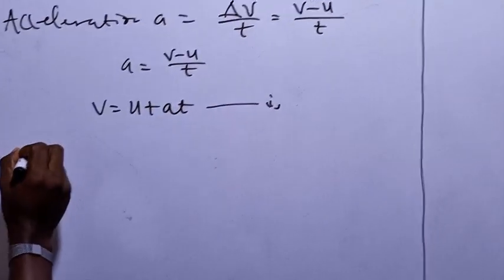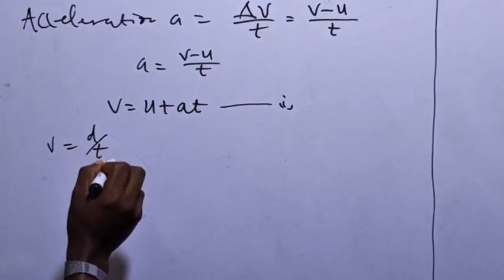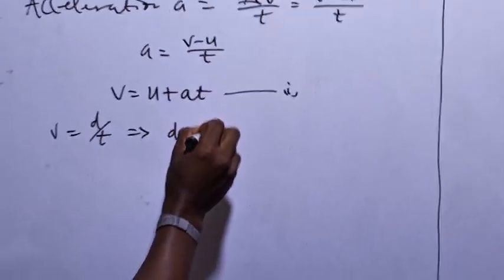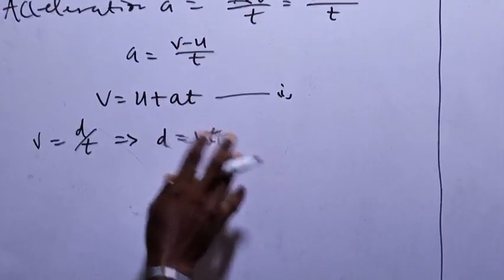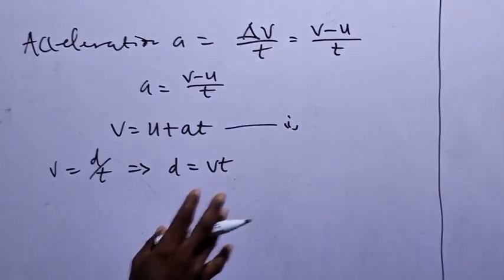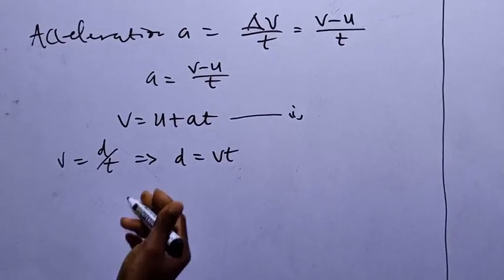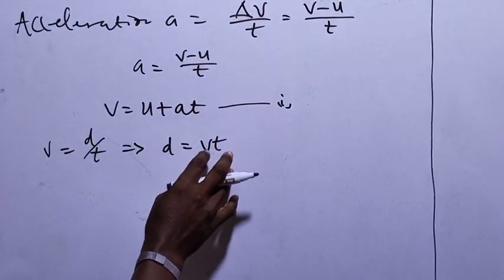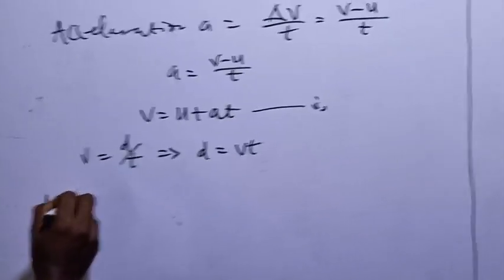We also have that velocity is equal to distance over time, and distance is velocity multiplied by time. Most of these formulas will always appear one way or another in solving problems in motion. The distance is equal to velocity times time. Now we also have average velocity.